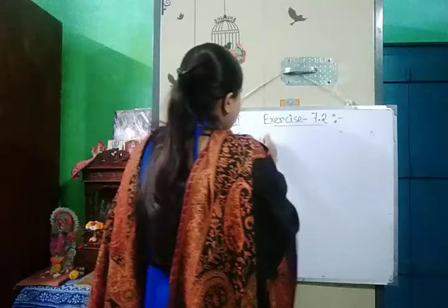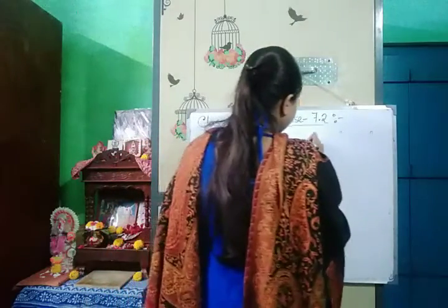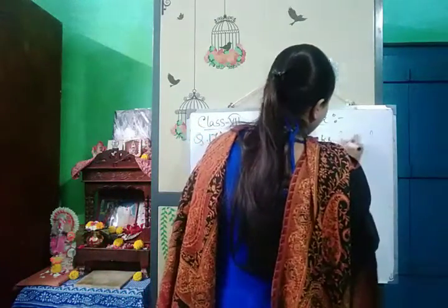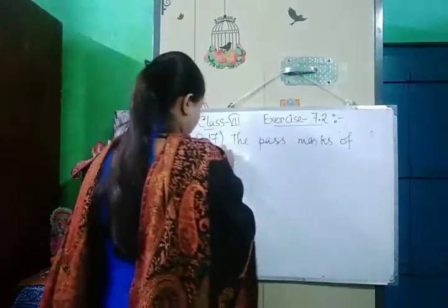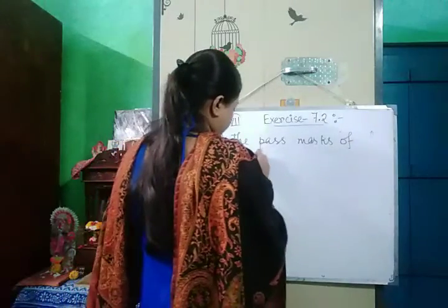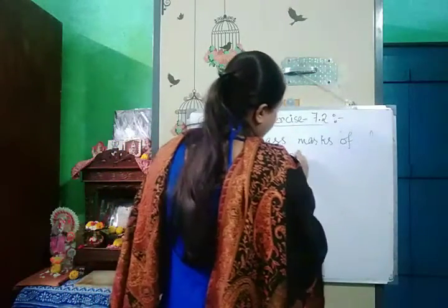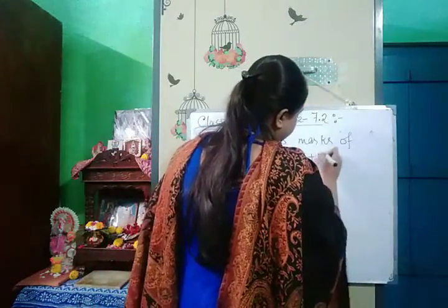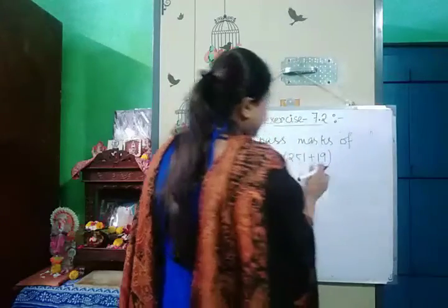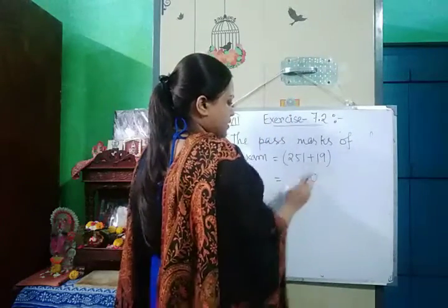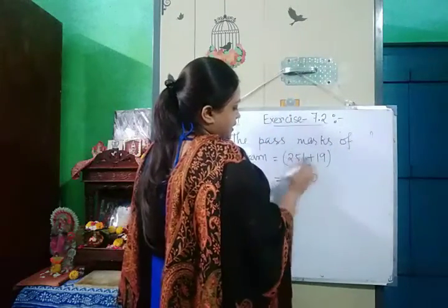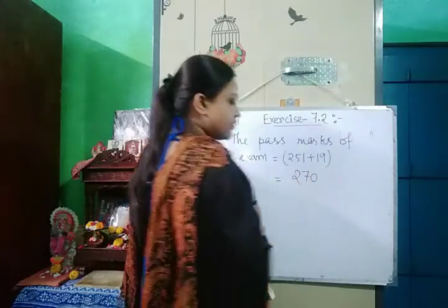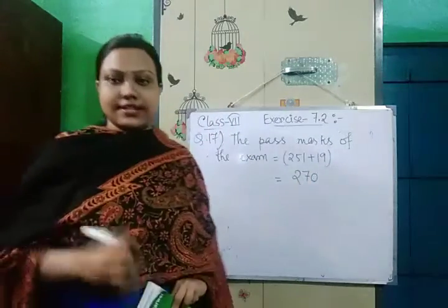The pass marks of the exam is equal to 251 plus 19. That is 9 plus 1 is 10, 5 plus 1 is 6, plus 1 is 7, and 2. 270 is the pass marks for the exam.